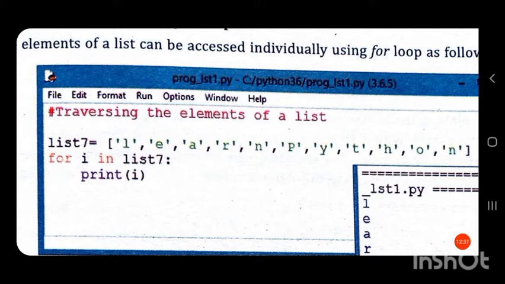In the first iteration, the control variable I will have the value in the 0th index of the list.